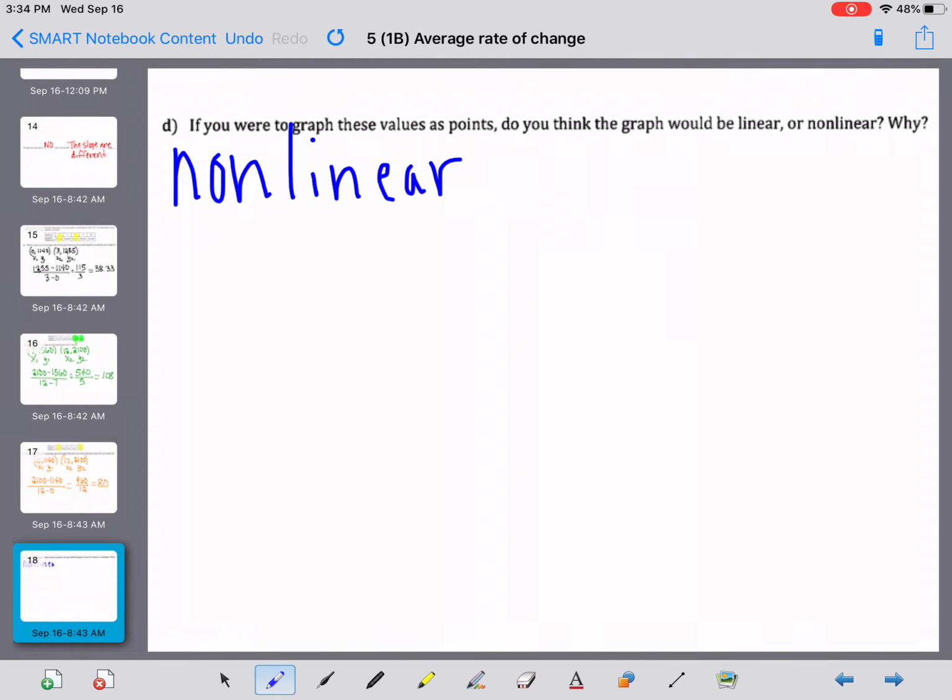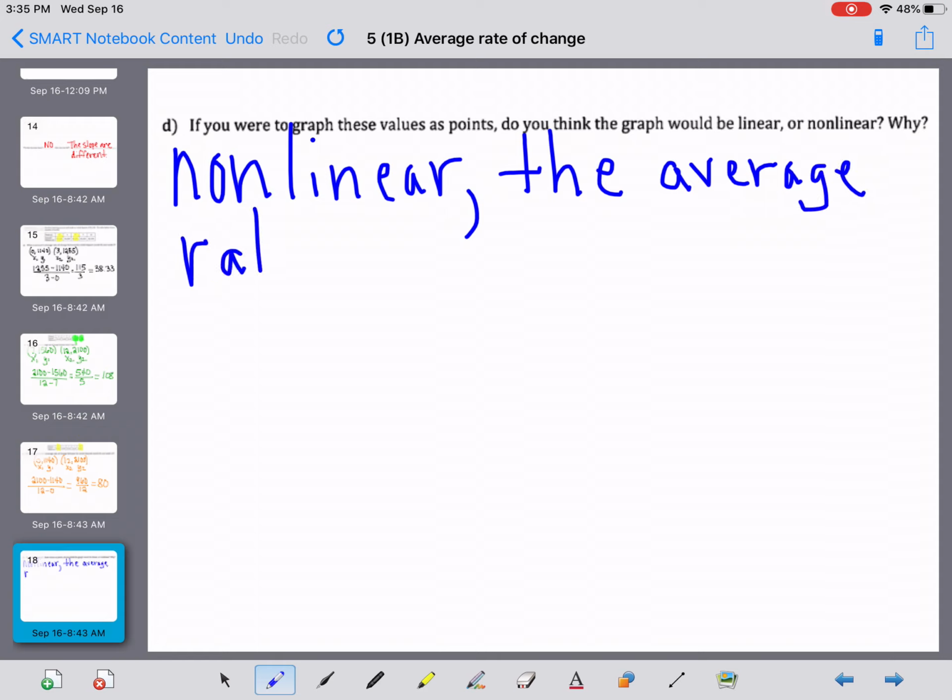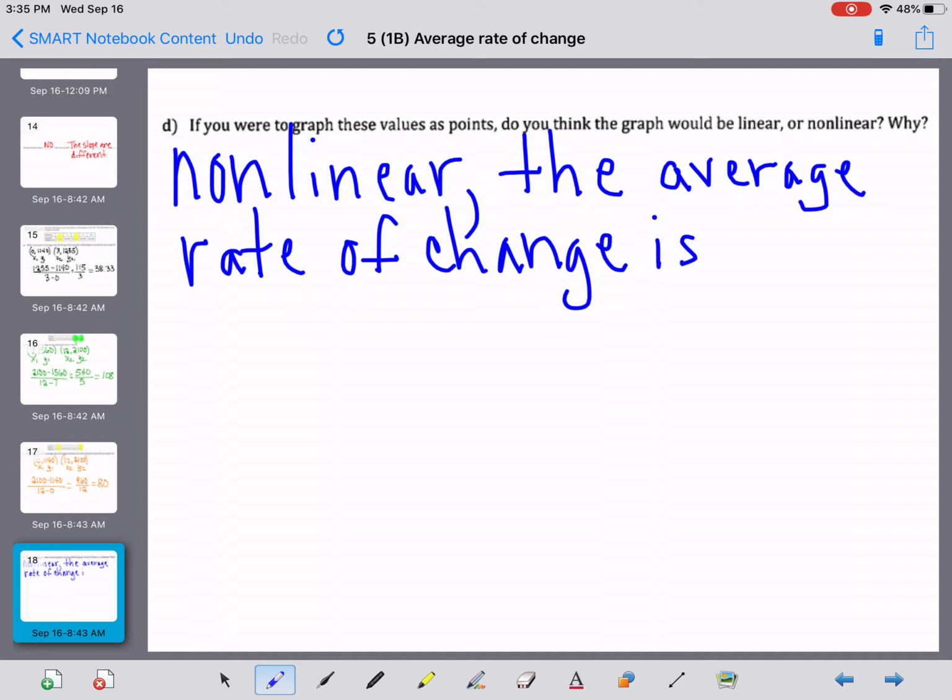And the reason that it's non-linear is that the average rate of change, I'm going to get wordy here, is different.